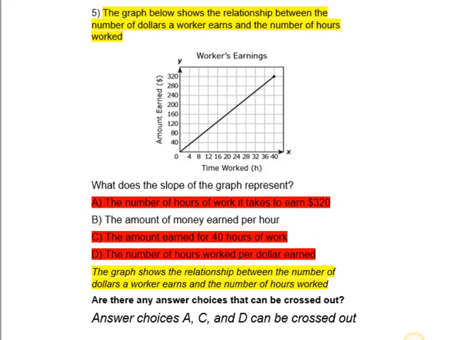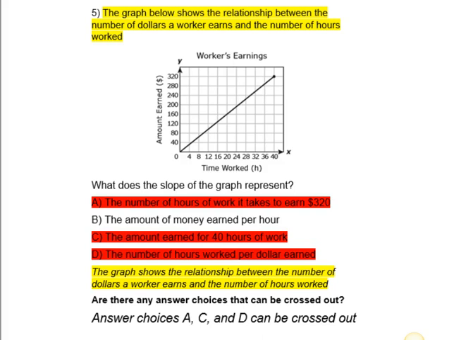For C, the amount earned for 40 hours of work, that kind of goes along with A, because looking at our graph, we know that if we work 40 hours, we'll make $320. Again, that's not all the slope is representing for this graph. That answer can be crossed out as well.